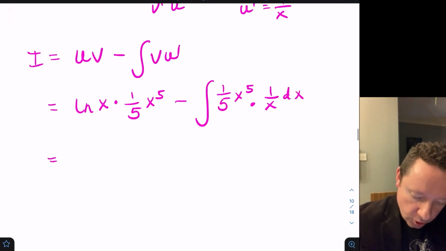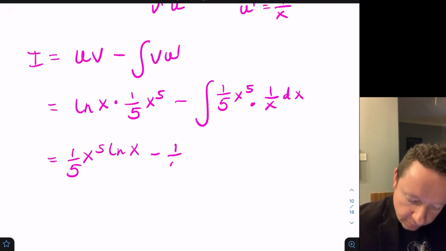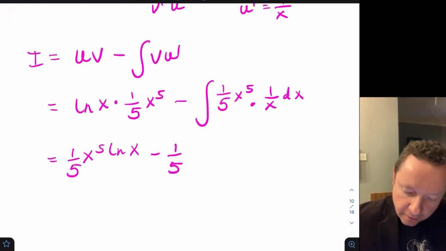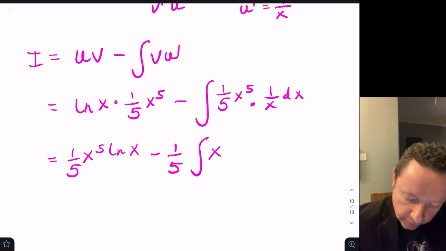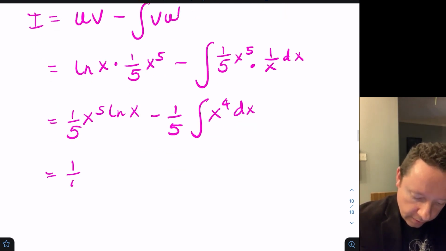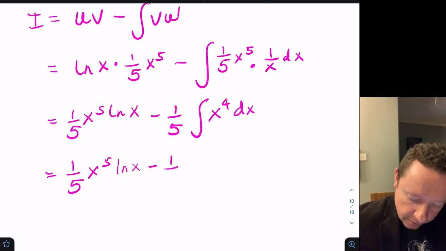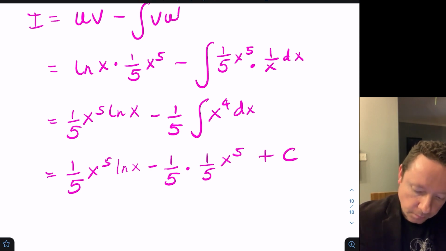So that gives you x to the 5 log x times a fifth minus a fifth of x to the 5 over x is just x, so the integral of x to the 4 dx. So that gives you a fifth x to the 5 log x minus a fifth times, well, it'll be a fifth of x to the 5 plus c.